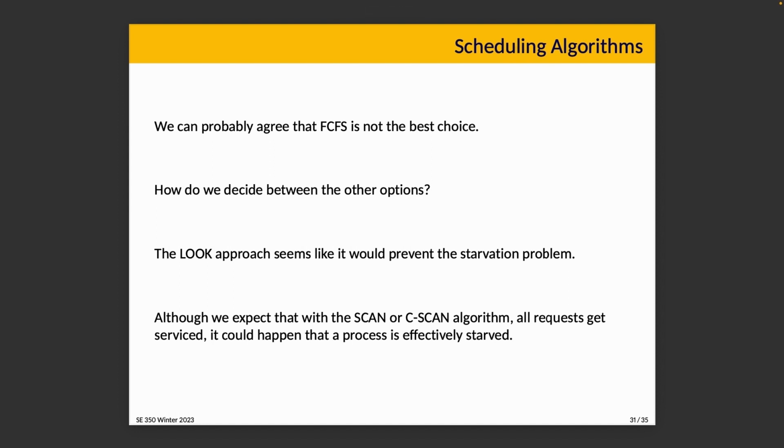Okay, so let's talk about choosing, shall we? Although we can probably agree that first come first serve is not great, how do we decide between the other options? The look approach seems like it prevents the starvation problem, which would otherwise be an issue. Although we can expect that with scan or cscan, all requests get serviced, there is a potential that a process is effectively starved because its request at the end of the disk is constantly postponed as more and more requests come in, right?